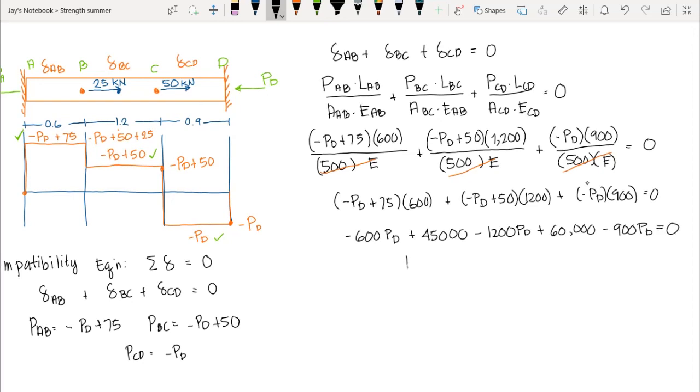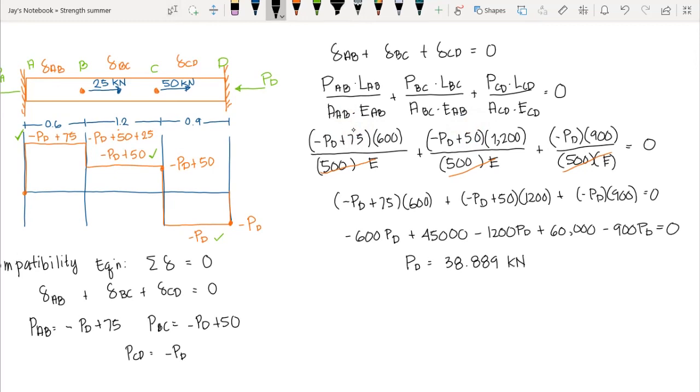So we can solve the value of PD here by further simplifying it. We have 38.889. Now, what is the unit? Since we are using the forces here as kilonewton, and we did not convert it into Newton, our unit here is in kilonewton.